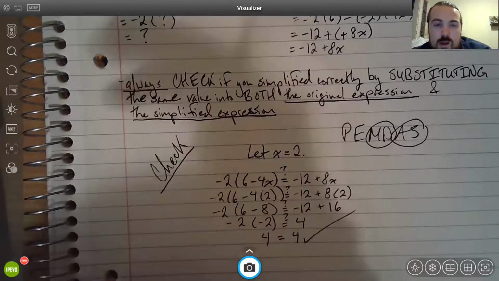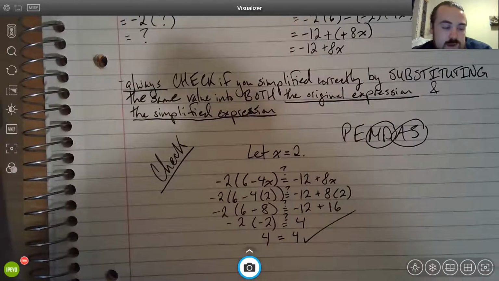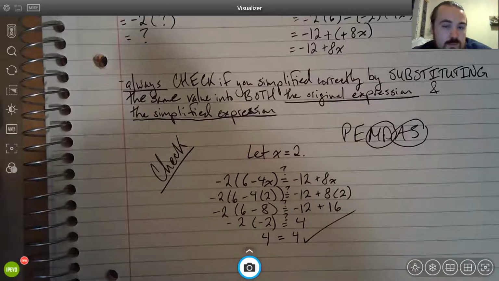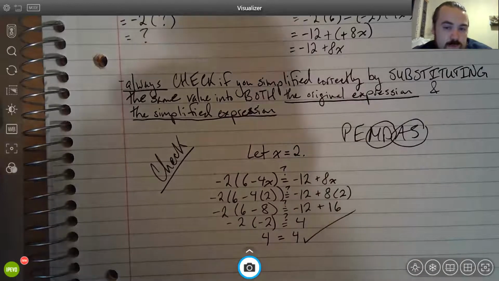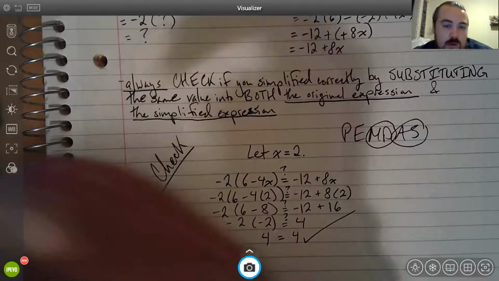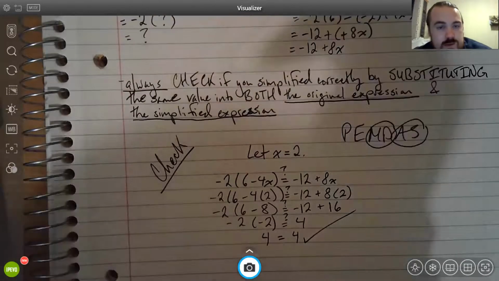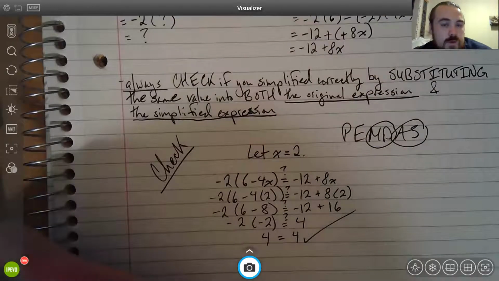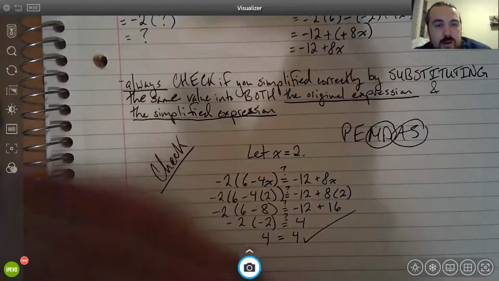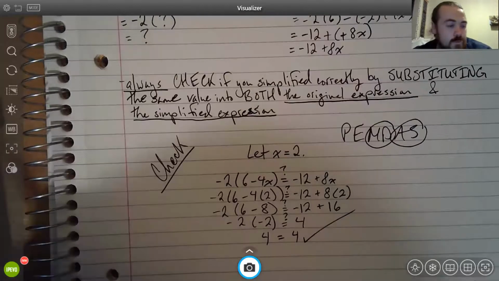You can make mistakes in any part, so you never really want to erase any work that you do. Just maybe cross it out, or put a box around it and put an X next to the box, some way that you know you think that's wrong, and solve it again next to it in the space that you have.